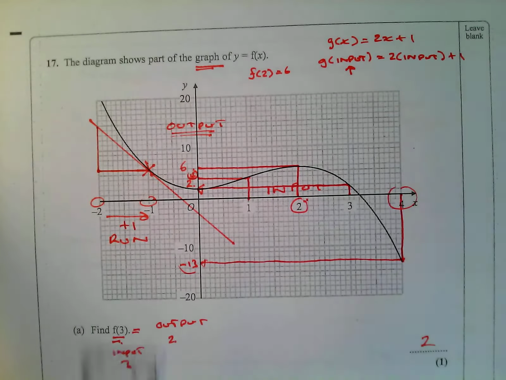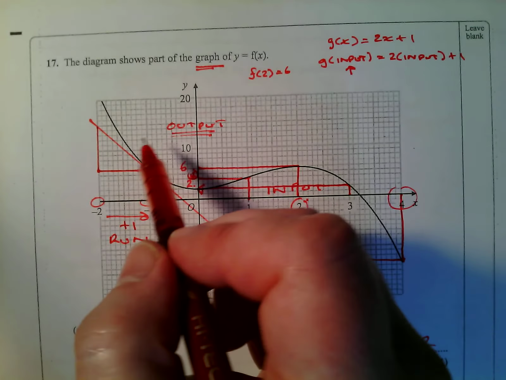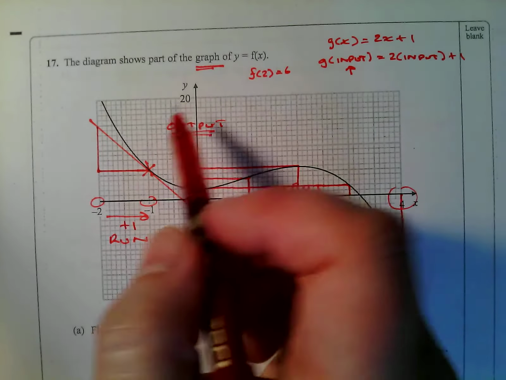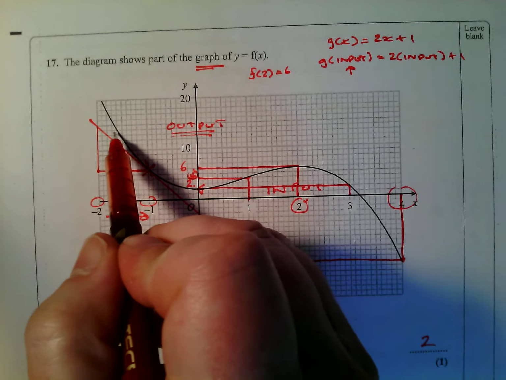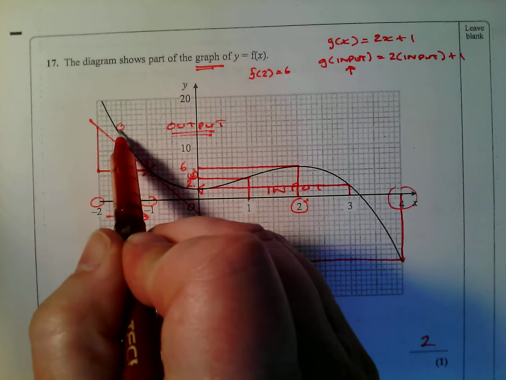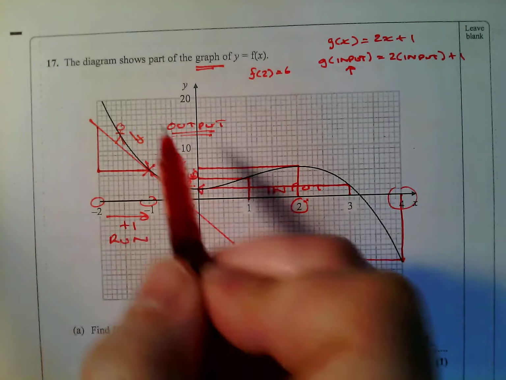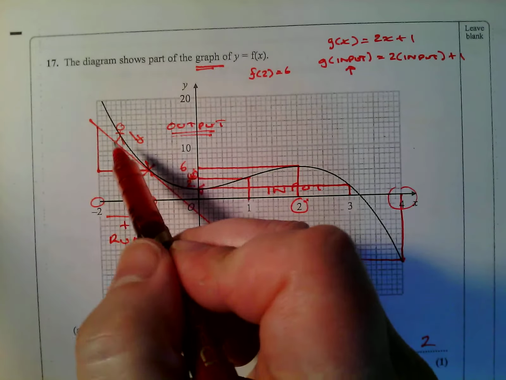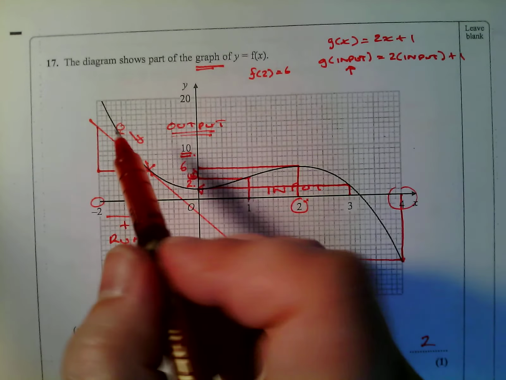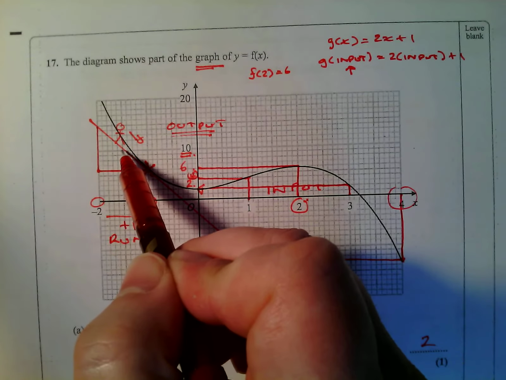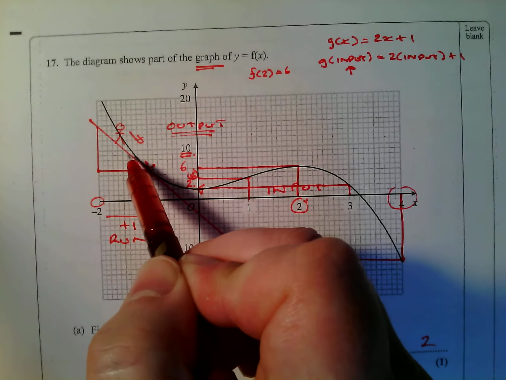Let's have a look at the rise. If I draw my triangle in carefully for that point, I'm going from this point to this point, and this point to this point, and it looks like so.